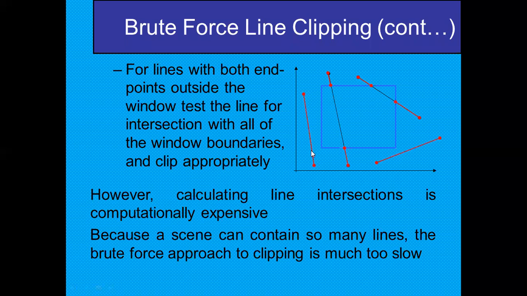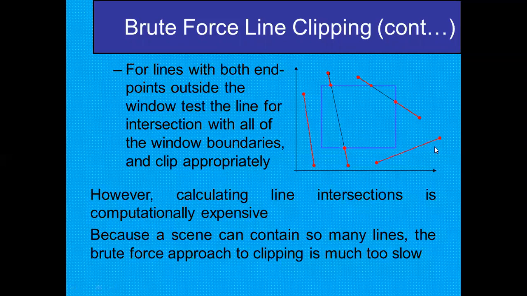Now about this line, and also about this line: these lines are completely outside the window because they are neither passing through a window edge nor touching any window edge.